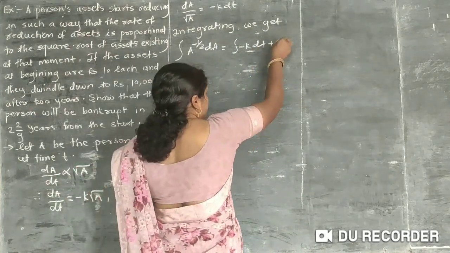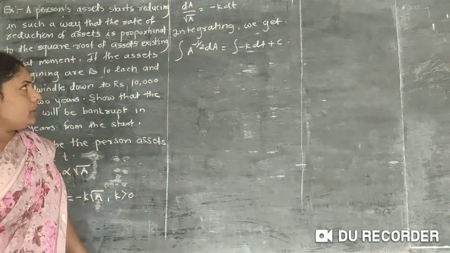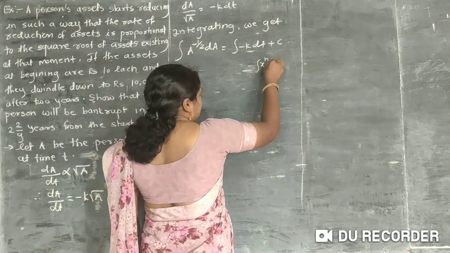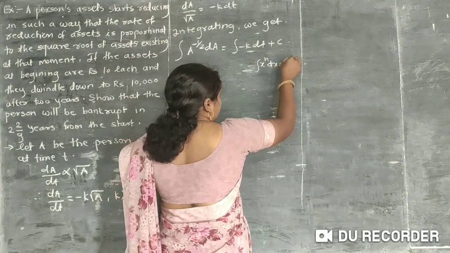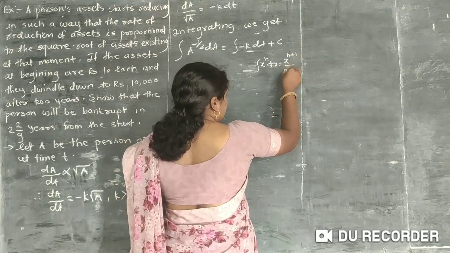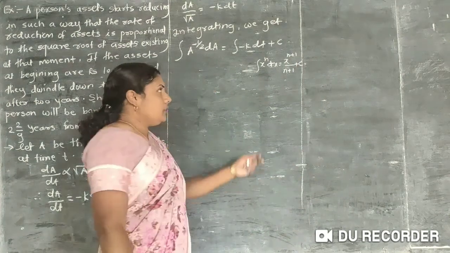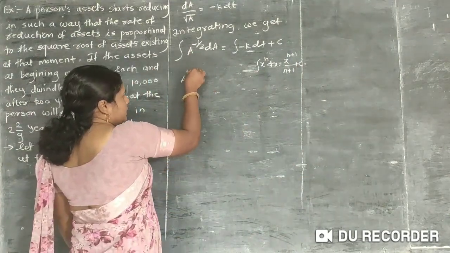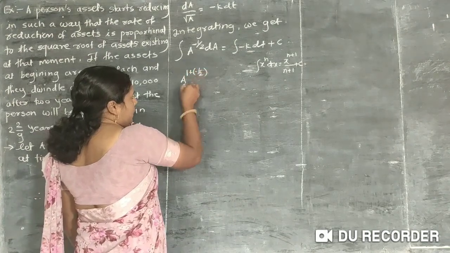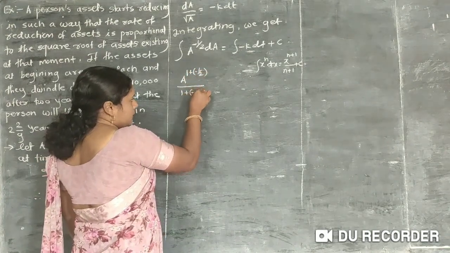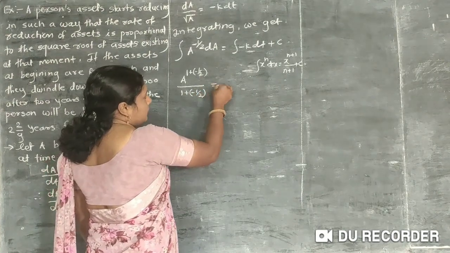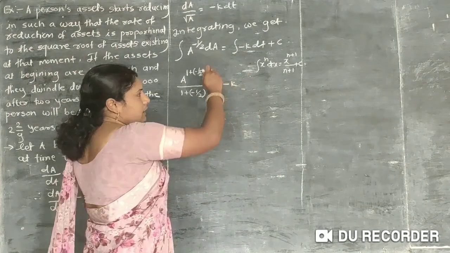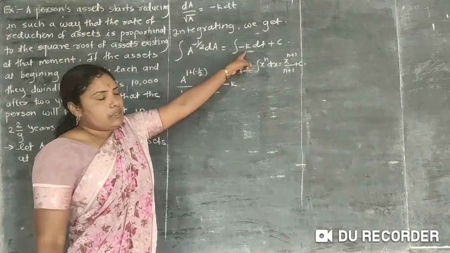plus integration constant C. We know the integration of x raised to n dx is equal to x raised to n plus 1 upon n plus 1 plus c. Use this formula. We get A raised to 1 plus minus 1 half upon 1 plus minus 1 half is equal to minus k, which is a constant, so take it outside the integration. Then here remains 1.